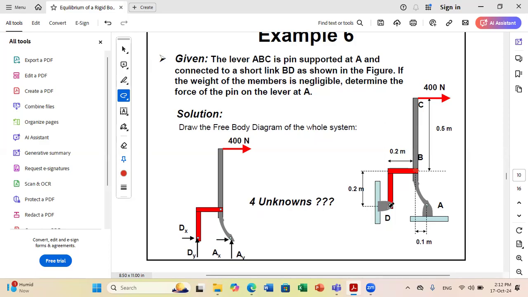Okay? Let us say first, I want to consider the whole structure. If I want to consider the whole structure, I need to determine what are the external reactions. I have a pin at A. We said that whenever we have a pin, we have two reactions, Ax and Ay.